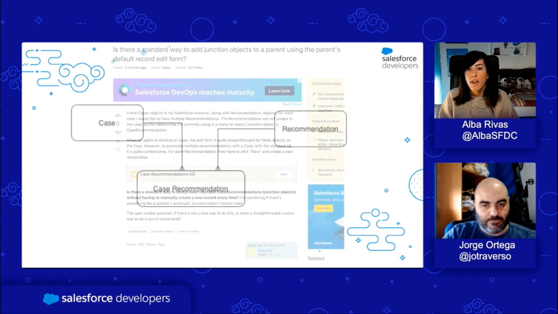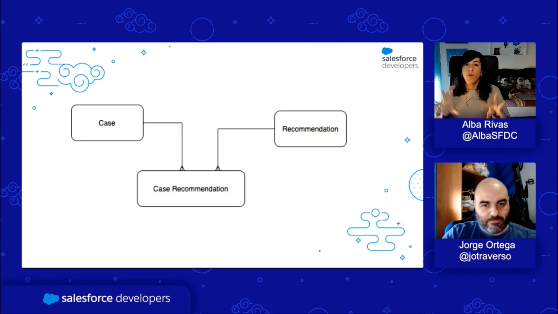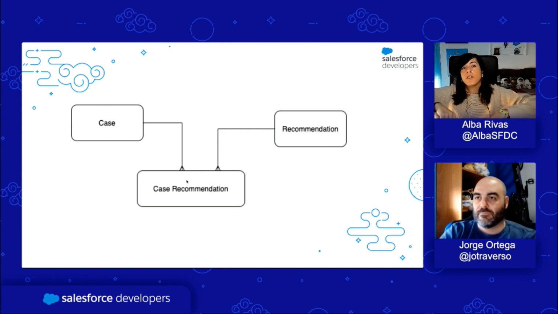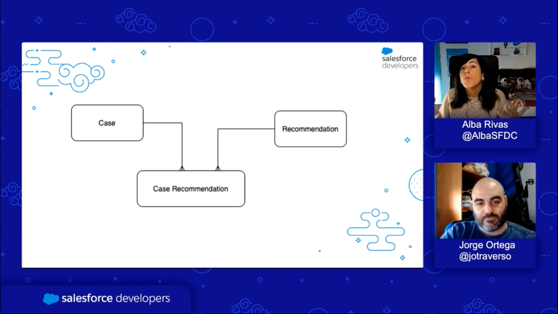This is, instead of adding the records one by one, he or she, sorry, I don't know who the person is, wants to have a screen in which you can add multiple case recommendations at the same time. If we think about the data model for these standard objects, it is this one. We have the case, we have the recommendation, and we have the case recommendation, which is a junction object, an object that has two master-detail relationships to the other two objects. Remember that this is the way that we have in Salesforce to create a many-to-many relationship.